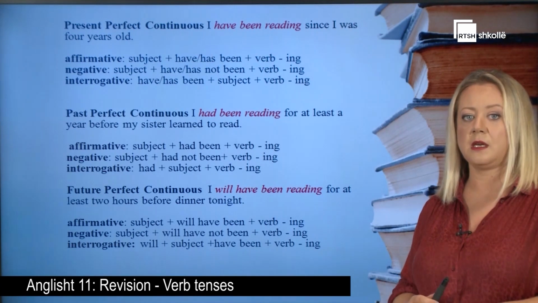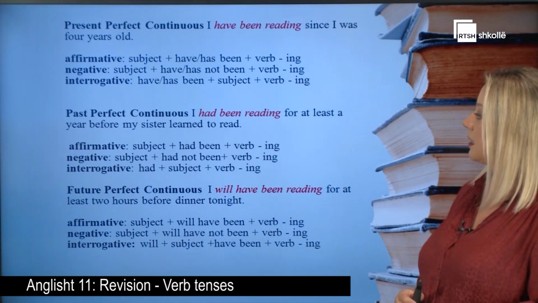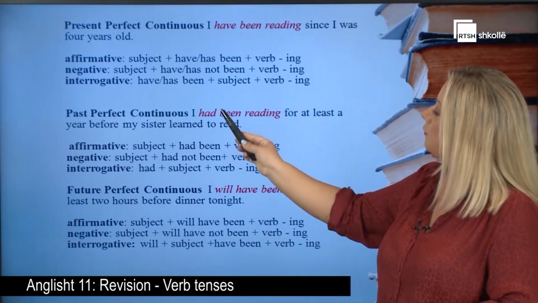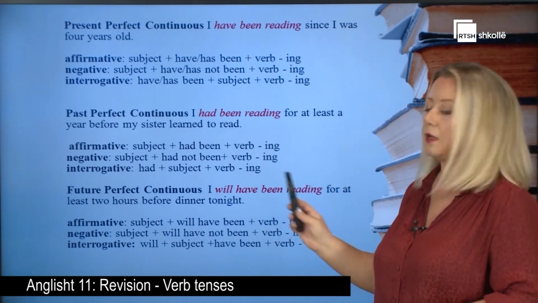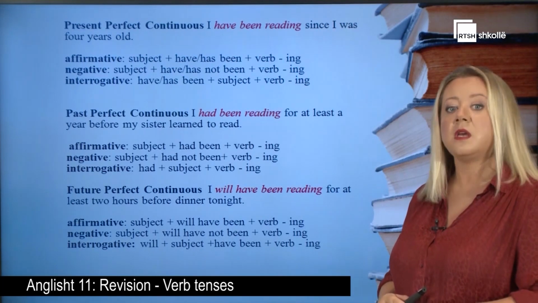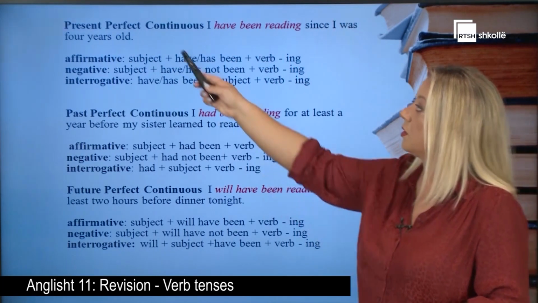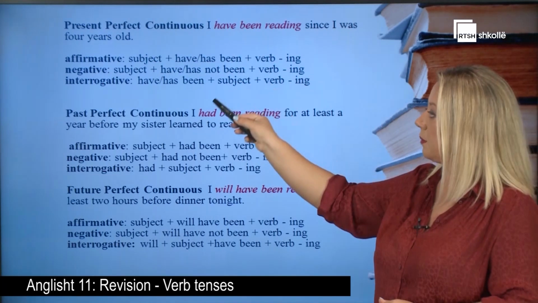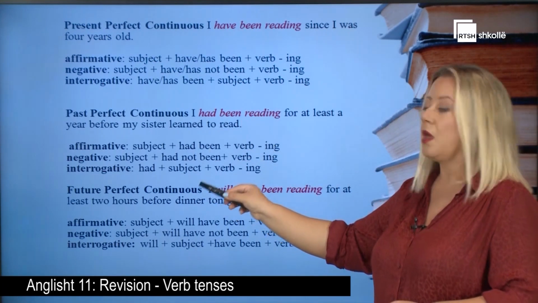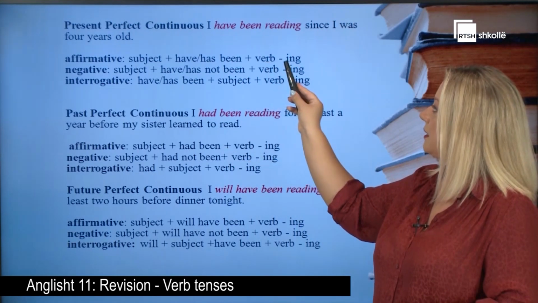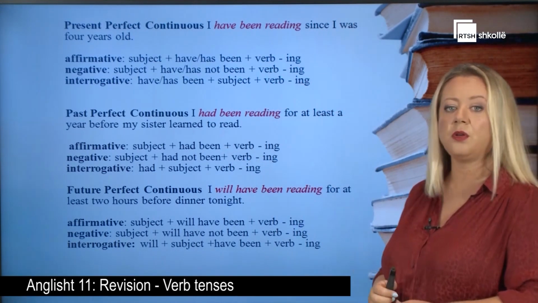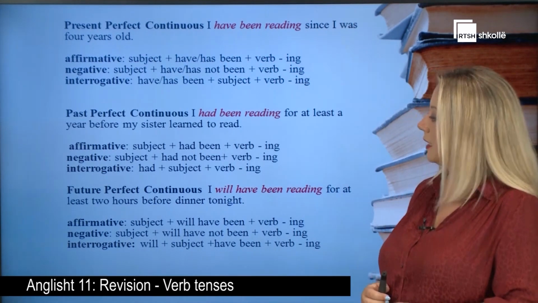What can we see? The only thing that changes is the auxiliary verb have. It changes respectively to the tense it is conjugated: present, past, and future. The rest is the verb ending in ing, that is the same for all the tenses.